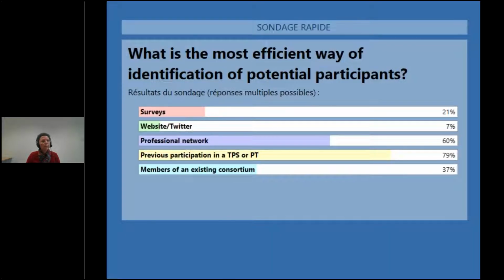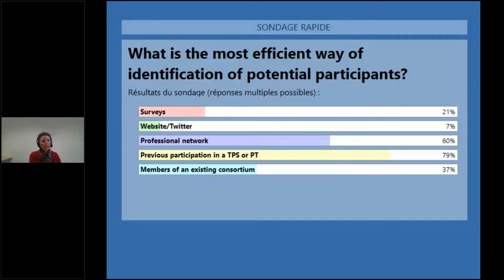And so 21% of the people answered surveys, 7% website or Twitter, 60% professional network, 79% previous participation in a TPS or a PT, and 37% members of an existing consortium.